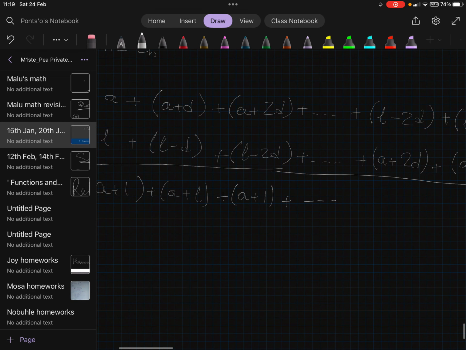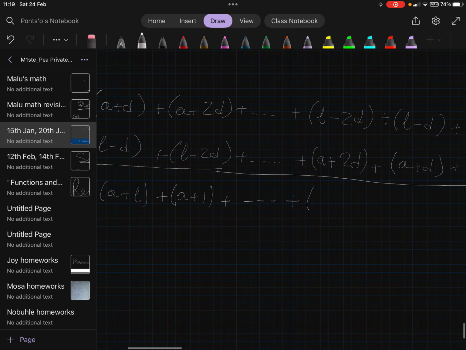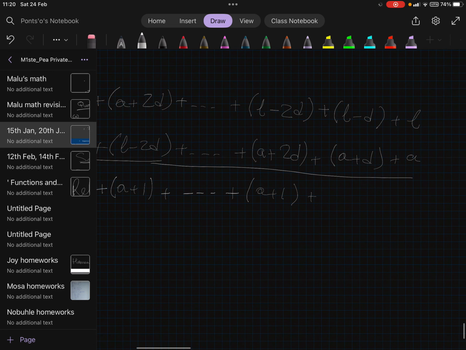And you're only left with the first term plus the last term. So think about that thing that Carl Gauss did, where he was adding the 1 to the 100, the 2 to the 99, the 3 to the 98, all of those give you 101. So in the proof, they just give you a plus l, because the terms that have common difference in them cancel each other out to give you a plus l.